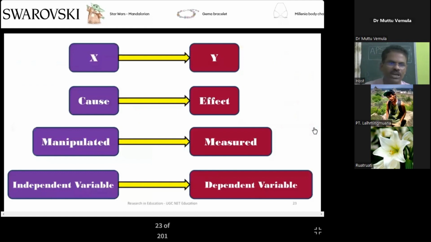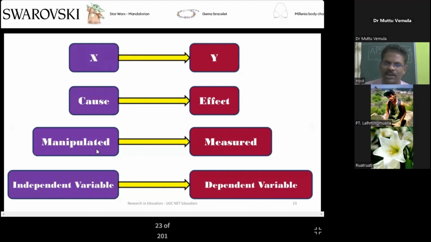Yes. Now see, we are comparing at one place X impact on Y. Here let us say X is method of teaching, Y is the outcome of the student, the achievement of the student. Now X is the cause, Y is the effect. X is manipulated. Why? The teacher can use either multimedia-based teaching or traditional teaching, lecture method or demonstration method or experimental method.